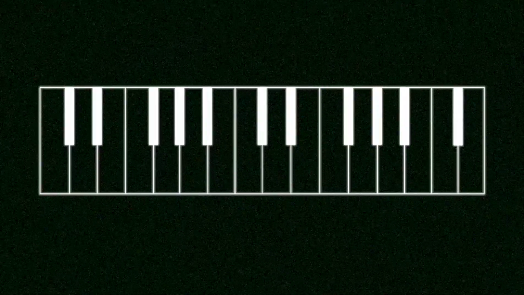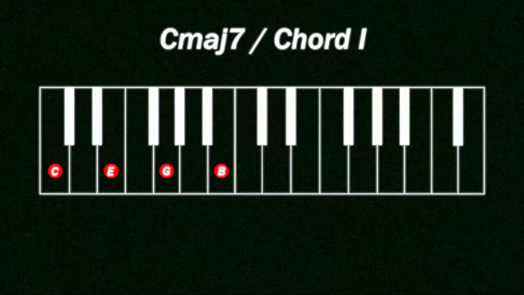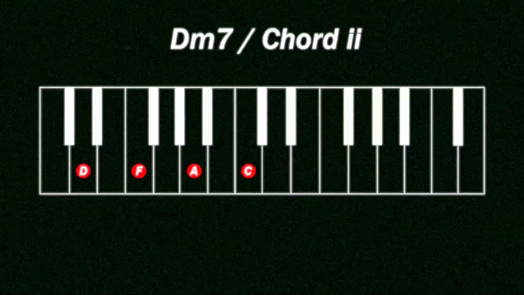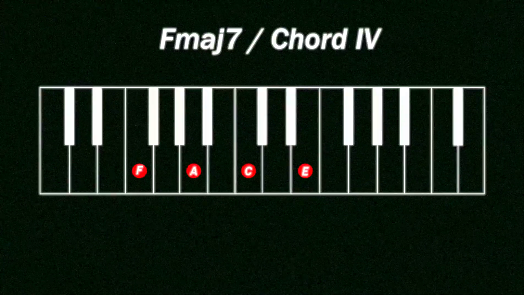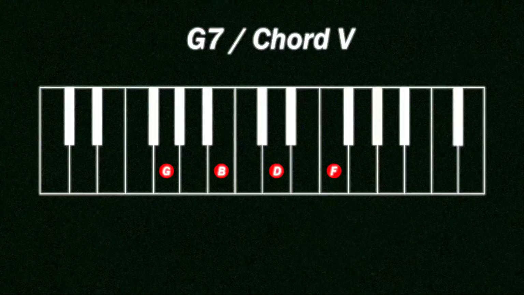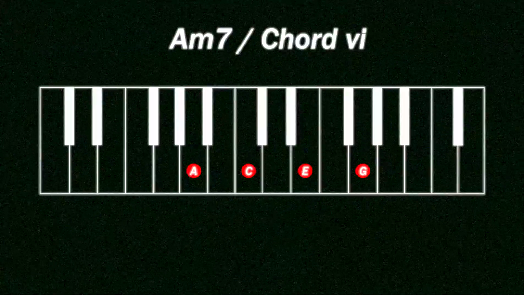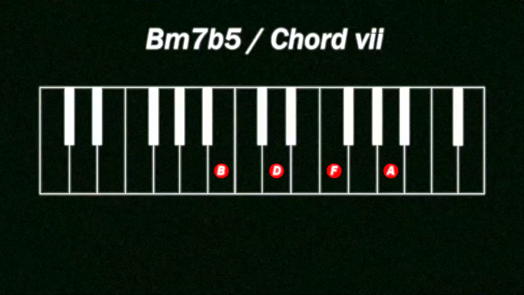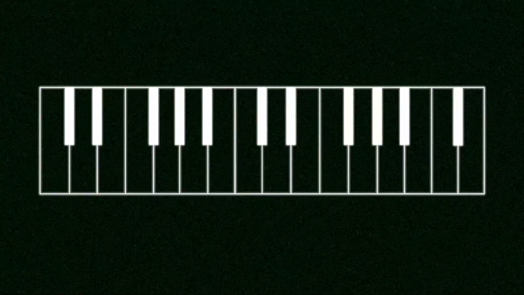In the key of C, we have chord 1, C major 7, chord 2, D minor 7, chord 3, E minor 7, chord 4, F major 7, chord 5, G dominant 7, chord 6, A minor 7, and chord 7, B minor 7 flat 5, also known as B half diminished. All of these chords are going to sound good together since they only use notes from the C major scale.